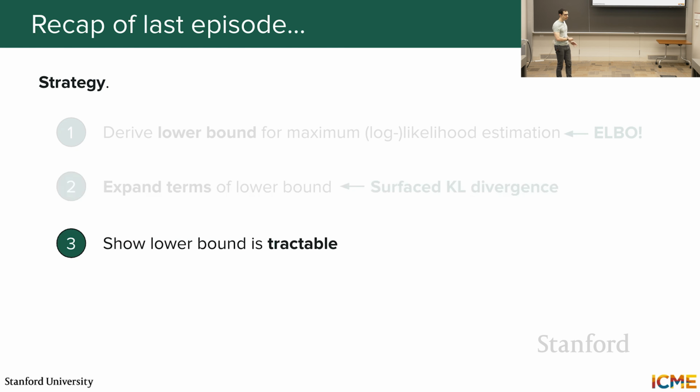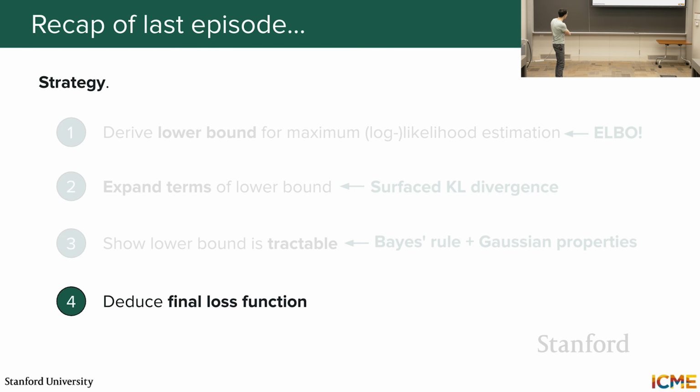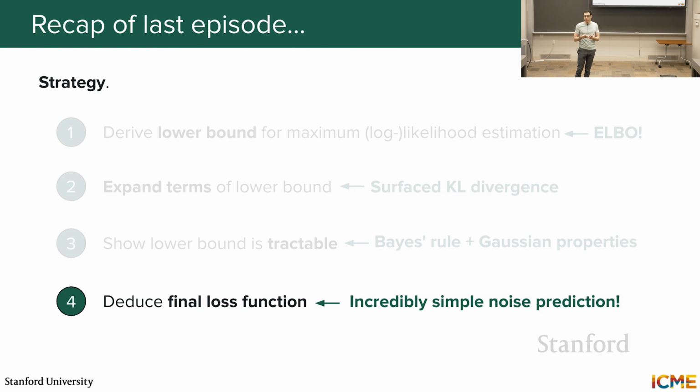The third step was to show that it was tractable, and we leveraged the fact that we were defining our forward process with Gaussian distributions. The good thing with Gaussian distributions is that there are a lot of nice properties, which we leveraged here. At the end of the day, we deduced a loss function that was very simple: a simple L2 regression loss on the noise that we wanted to remove.